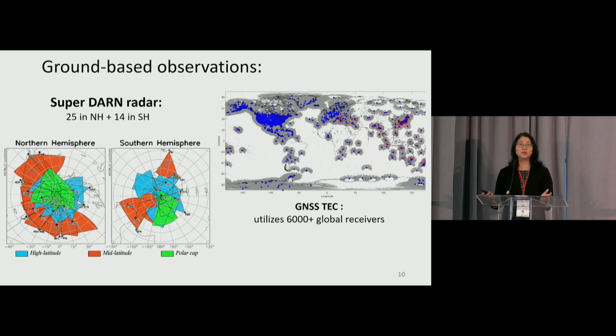The coverage is not ideal, we know that, but in certain longitude domains, the interhemispheric asymmetry can definitely be studied as well.